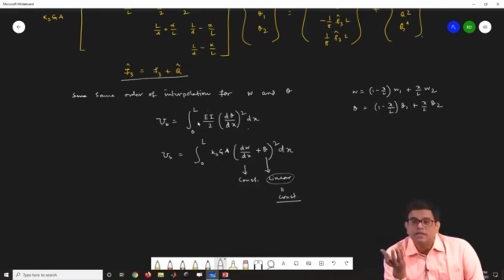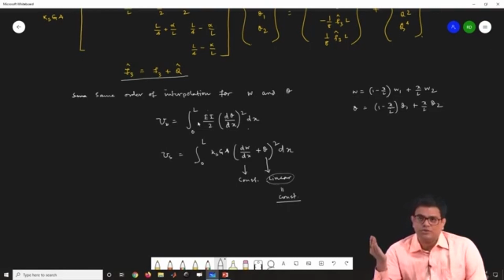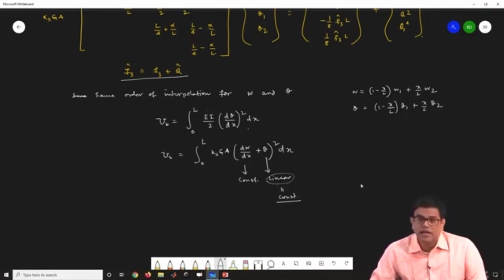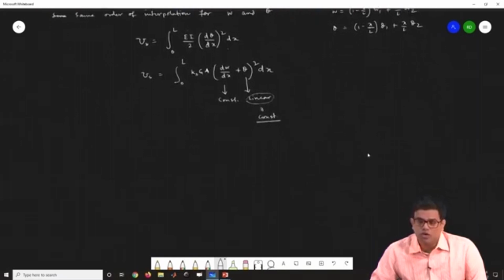Numerically, you have not learned Gauss quadrature right now, but in subsequent lectures you will. If you have an idea of numerical integration, I can just explain it with the midpoint rule. For instance, if you try to evaluate this bending strain energy with a midpoint rule, right?